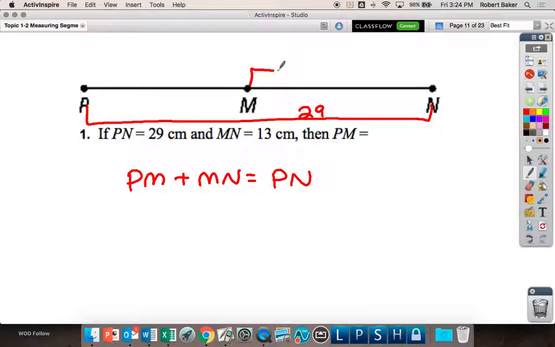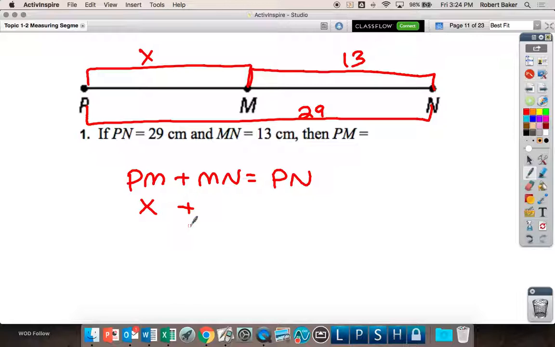MN is 13 from here to here. So what do we call this guy right here? X. Now as you fill out the first part plus the second part equals the whole thing, everything should match up. PM is x, MN is 13, and PN is 29. Do a little bit of math magic.